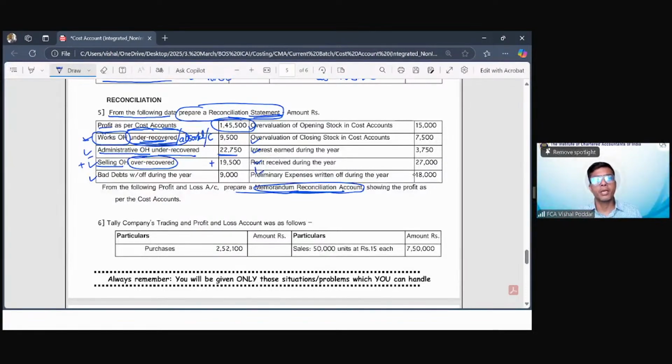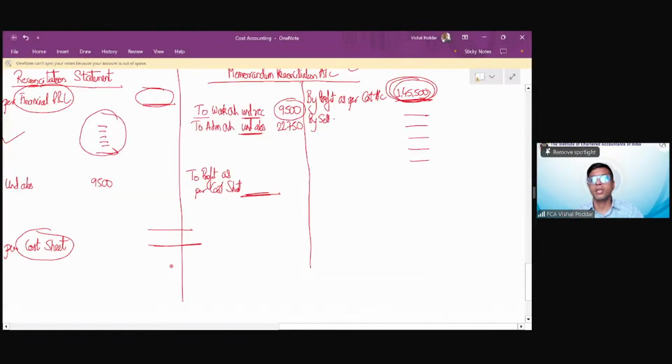So I have decided that I have to add. So by selling overheads overcharged, amount is 19,500. Fine, students.